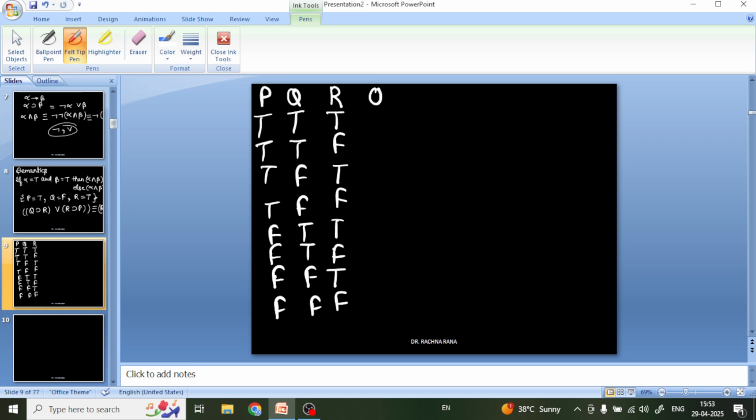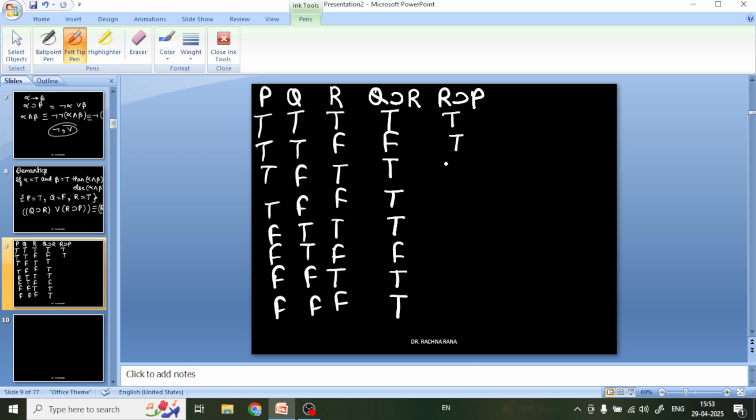First we have to find Q implies R. Both are true, true. True, false, false. False, true, true. False, false, true. True, true, true. True, false, false. False, true, true. False, false, true. Then find R implies P. True, true, true.